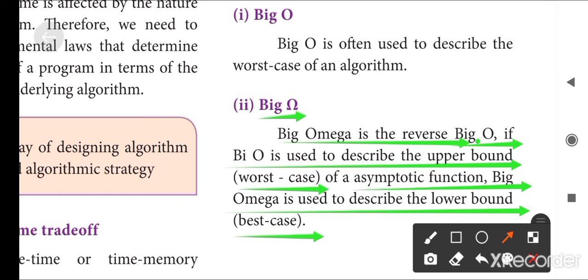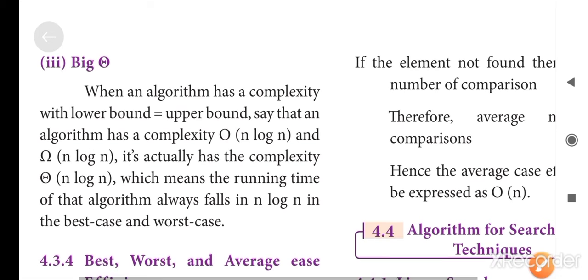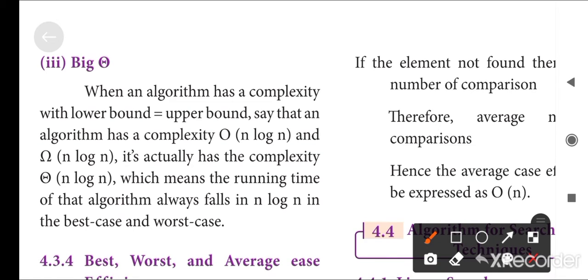Worst case, best case, and finally the average case. Big theta has the average case. Can you understand the concept now? The third one is big theta.